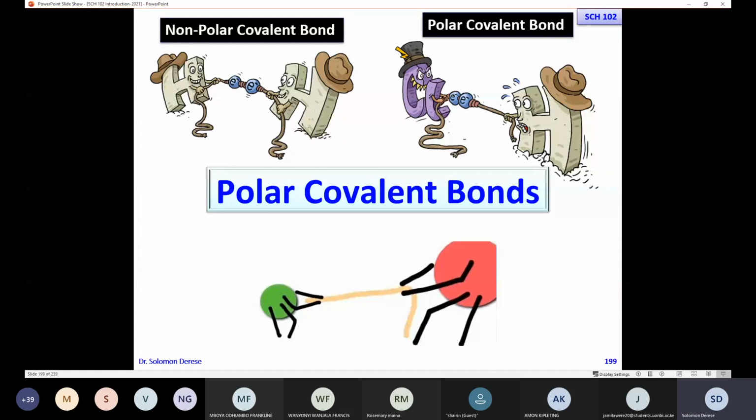So they will be engaged in chemical bonding in order to have an octet of electrons. The chemical bond that will be formed between two elements could be as a result of transfer of electrons, or it could be as a result of sharing of electrons.